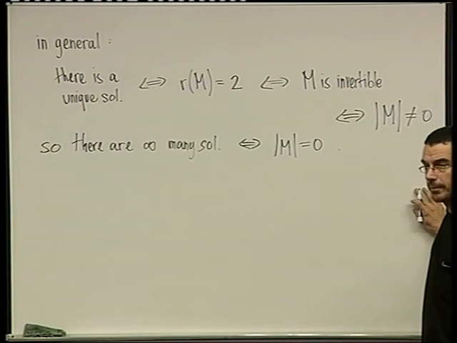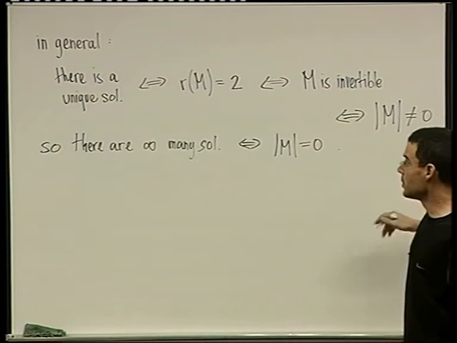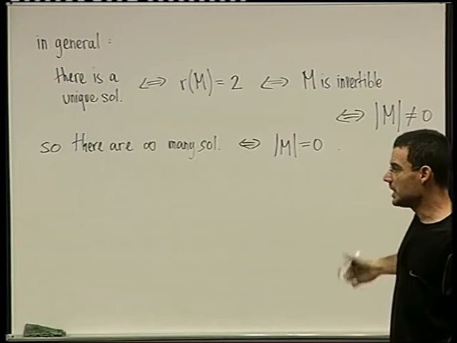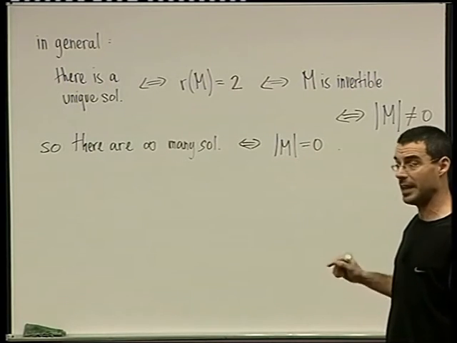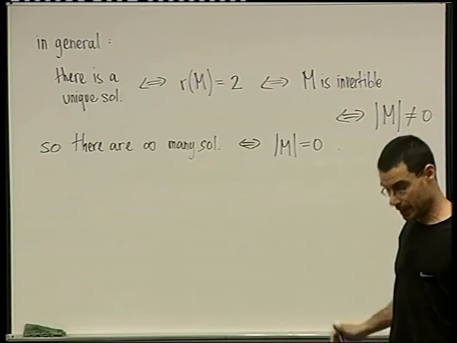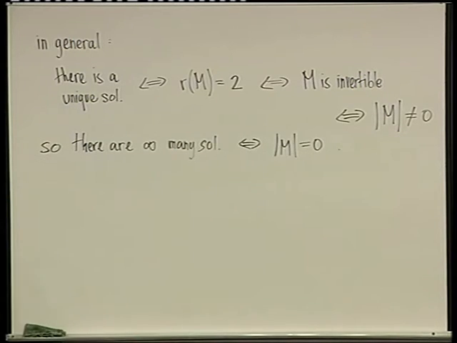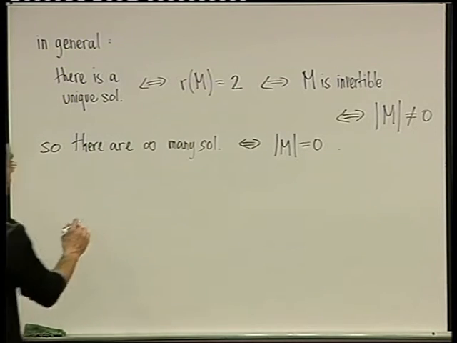Do you agree? Okay. So what we want to know is what is the determinant of that M. And remember that M was the matrix A minus alpha I. So let's continue and write that.